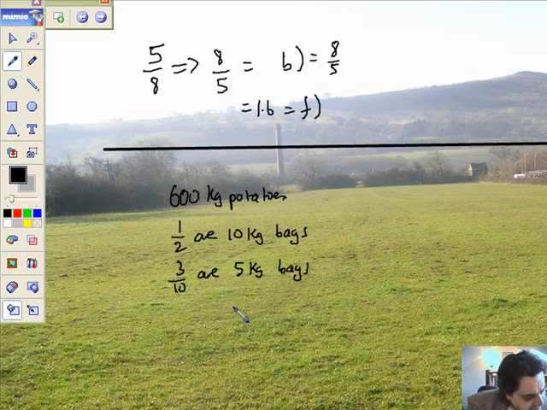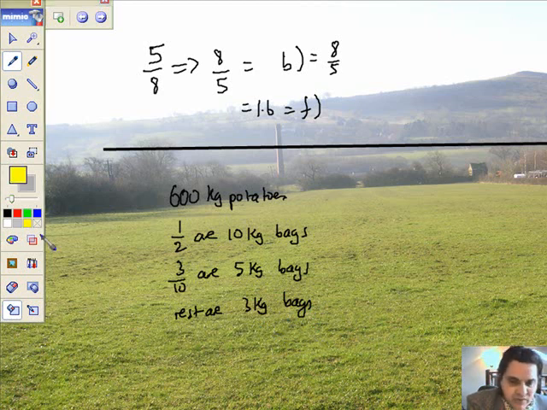The rest of the potatoes are sold in 3 kilogram bags. How many 3 kilogram bags does the supermarket sell? So really I'm aiming for this number right here. Now let's just whittle it down.